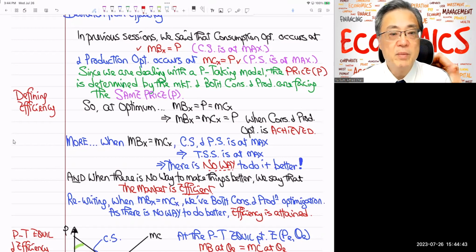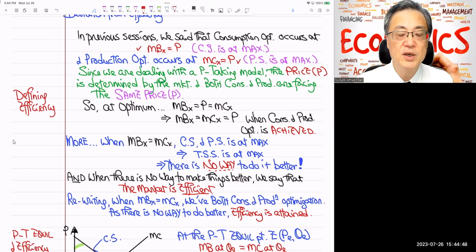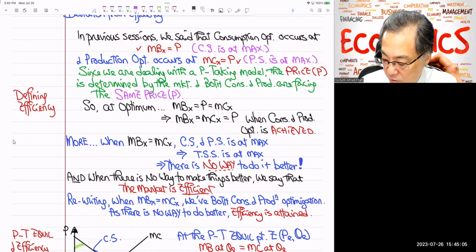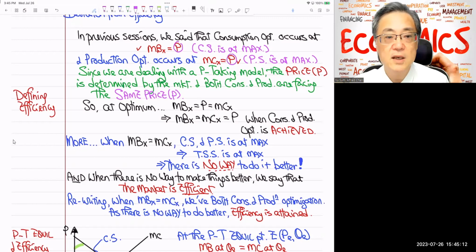Now, remember, we are dealing with a price-taking model, and under the price-taking model there's only one price. Consumers and producers both face the same price, and this price is determined by the forces of demand and supply. So the P we are talking about is the same P for consumer and for producer.